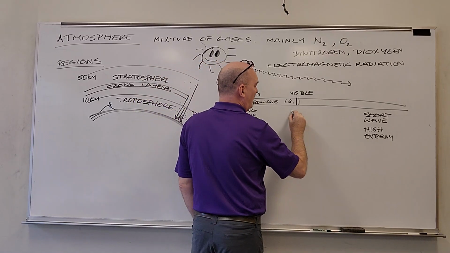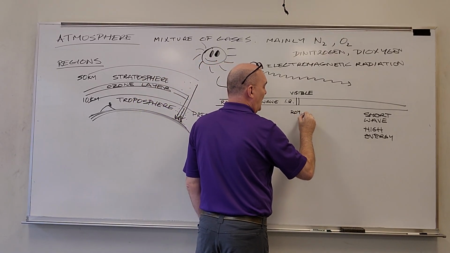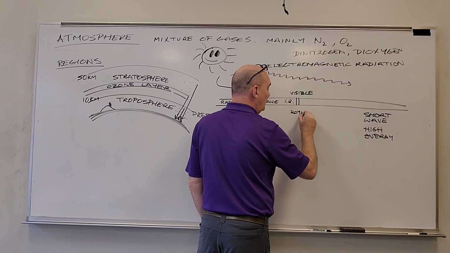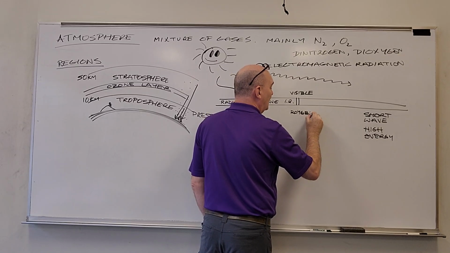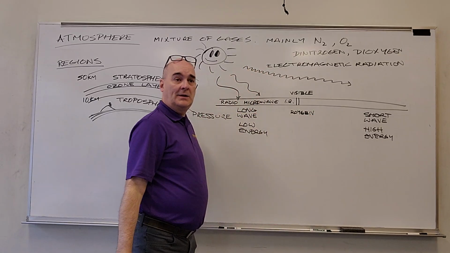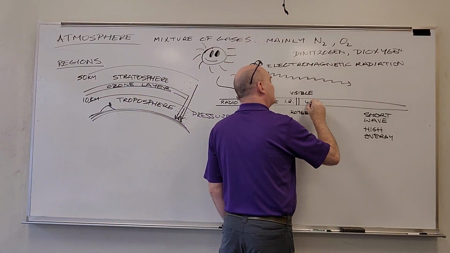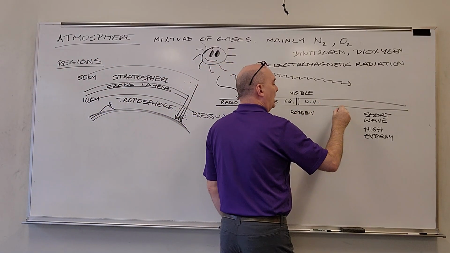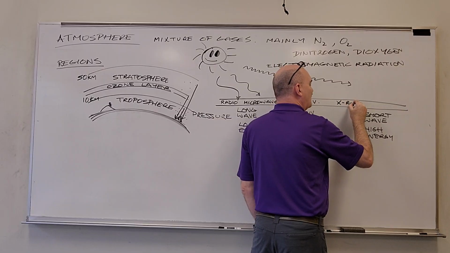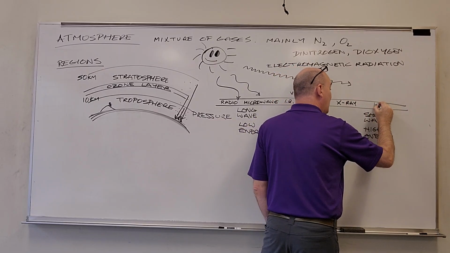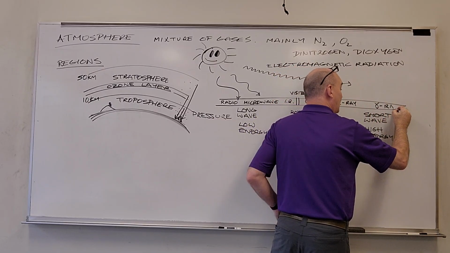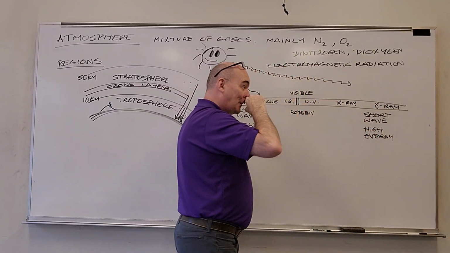And the visible spectrum goes red, orange, yellow, green, blue, indigo, and violet. And then above violet, we have ultraviolet, and above ultraviolet, we have X-rays. And then above X-rays, we have gamma rays.